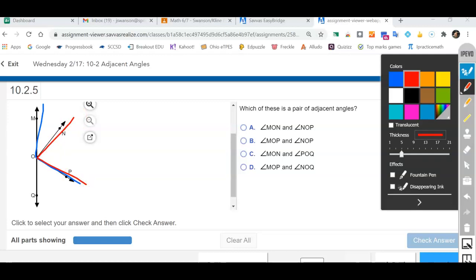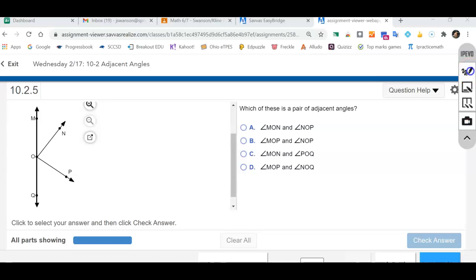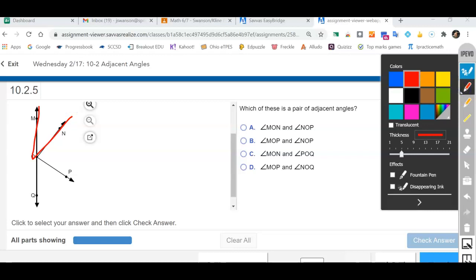No, because NOP is sitting on the inside of MOP. Next one, MON. Is that adjacent to POQ? Are those adjacent? No, they are not. What about MOP and NOQ? Are those adjacent? They are not. They don't share a side. They share a vertex. They overlap. So no.